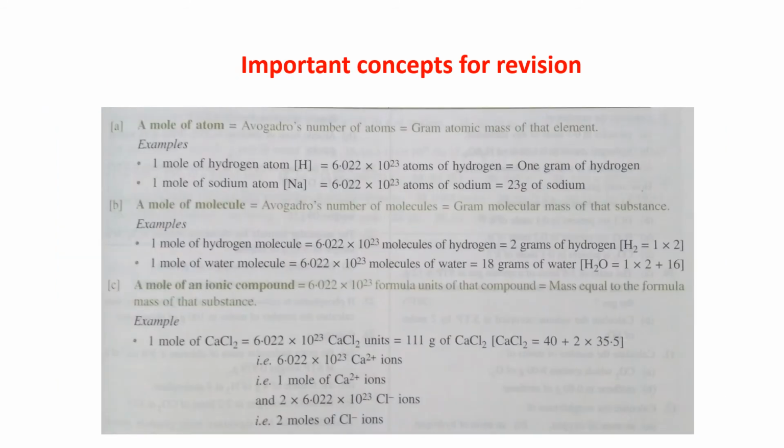There are some important concepts for revision. This all we have done. Please once again go through it. It is just a revision because all these things are important and we have taken this all from your book itself. So you can open the book and revise it. It will give you a clear concept.